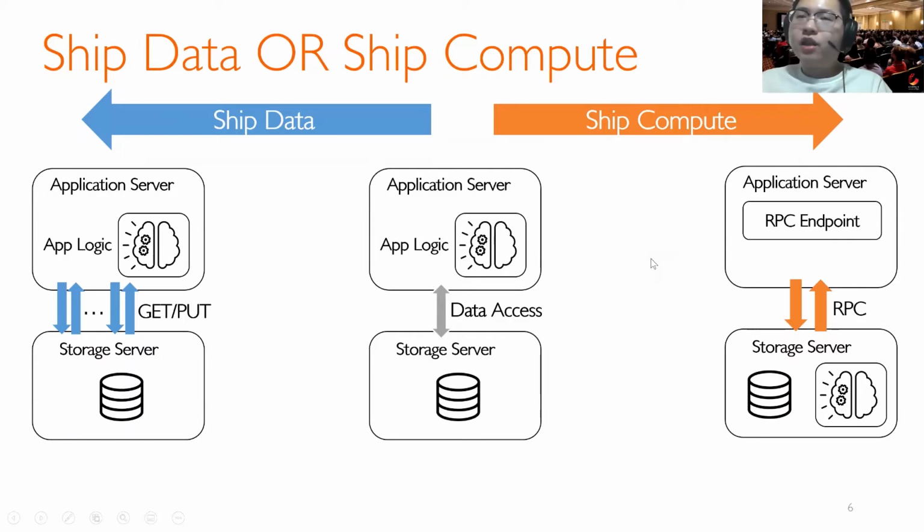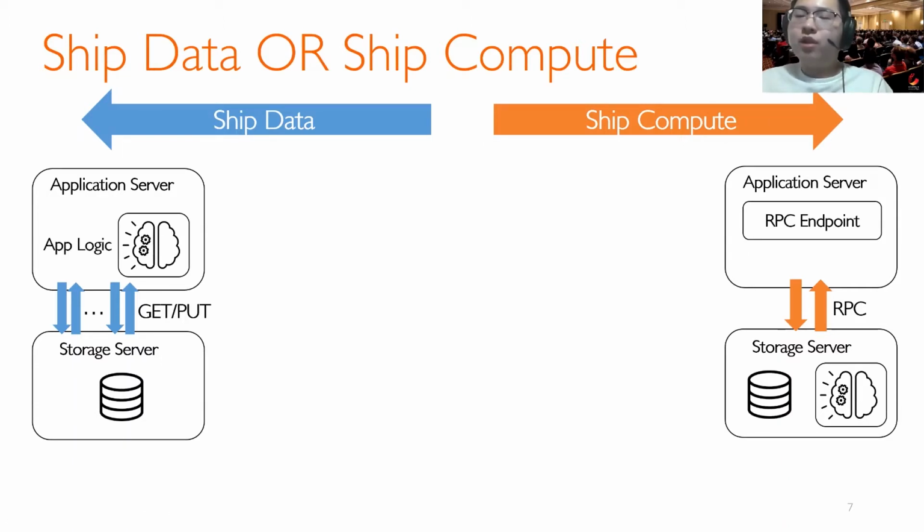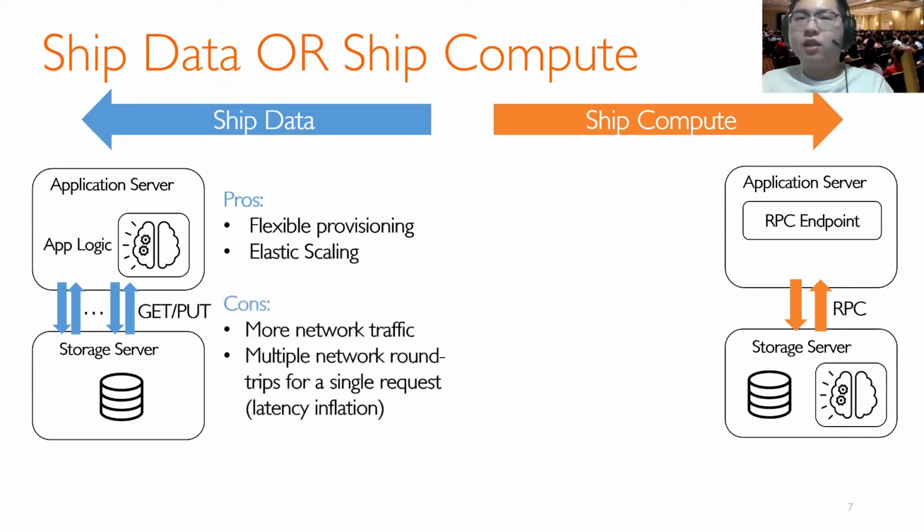And these two diverging approaches have their pros and cons. If we choose to ship data, we would have the benefit of resource disaggregation, such as flexible provisioning and elastic scaling. However, we would have to suffer from networking overhead because we are moving the data in between the servers across the networks.